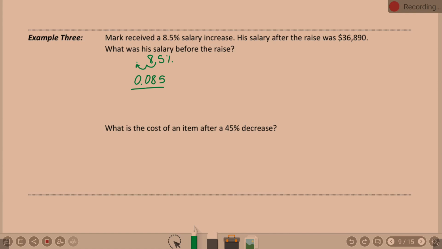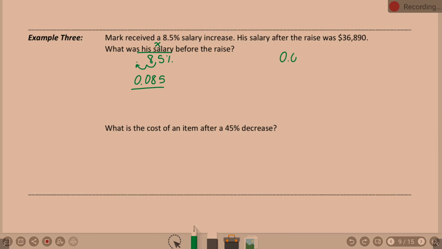Because his 8.5% salary increase is based on what? The original. What could we call his original? Let's call his original x. x times 0.085 equals 36,890.